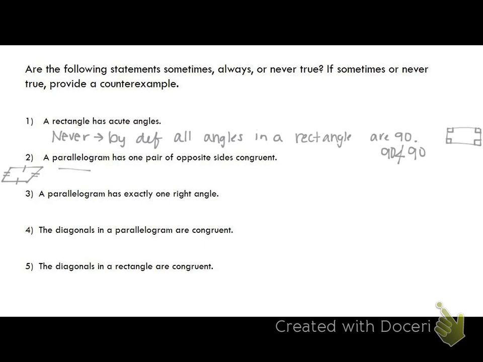Is it only one set of parallel sides, or is it congruent sides right now? Is that what we're looking at? Congruent sides. So if these two are congruent, then these two get forced to be congruent as well, right? But if I slant these opposite ways, is that a parallelogram anymore? No, that's a trapezoid. So it says sometimes, always, or never.